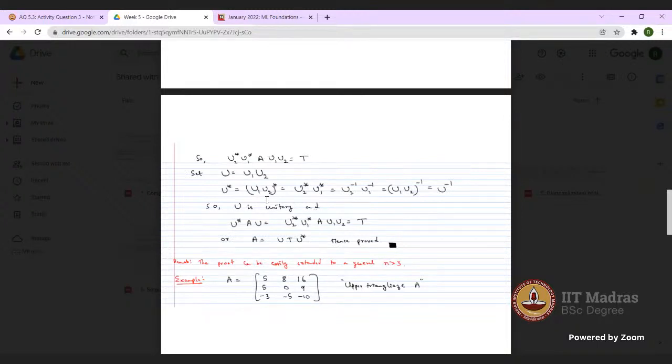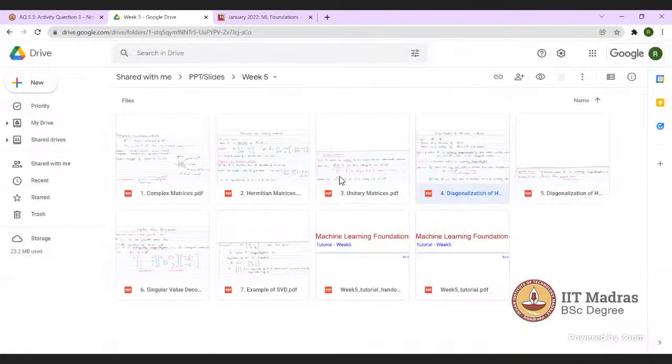In the later lecture, it was discussed for the Hermitian matrix too, where it is not just an upper triangular matrix, it is an entirely diagonal matrix. We'll discuss that lecture too, and after that we'll look at the activity questions, since lectures 4 and 5 are directly related.